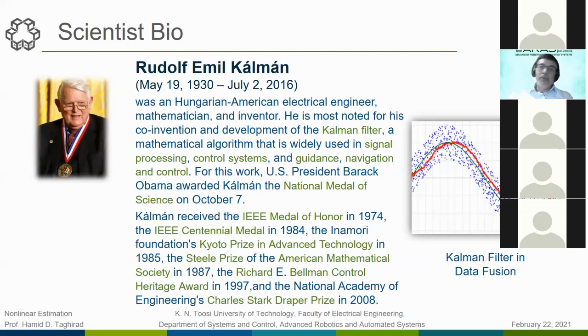And he published his work with great difficulty, like many of you, in some second-hand or third-hand journal. But it is very interesting that, as you see here, in 1974 he got the IEEE Medal of Honor, a few years after this rejection. It should be in 1960 something, I'm not sure.